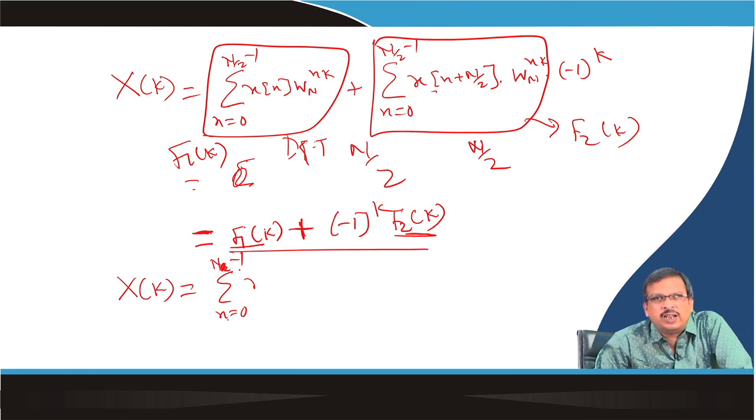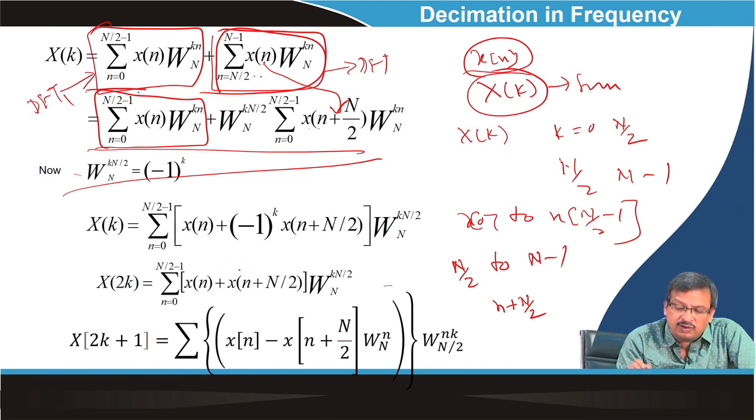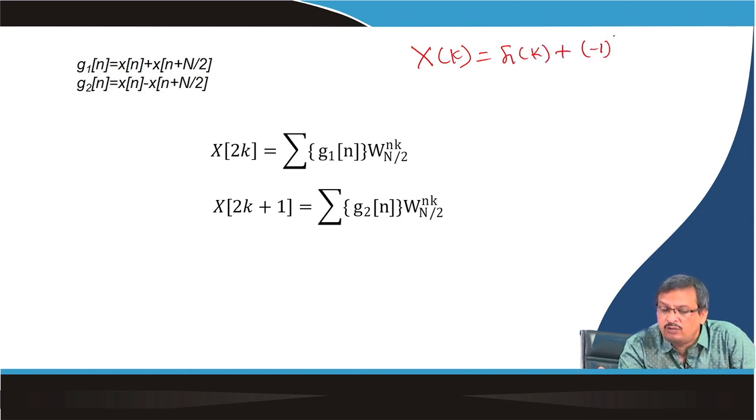Up to this part is okay. So, let us say, forget about this slide, think about here: x(k) is nothing but a f1(k) plus minus 1 to the power k f2(k).